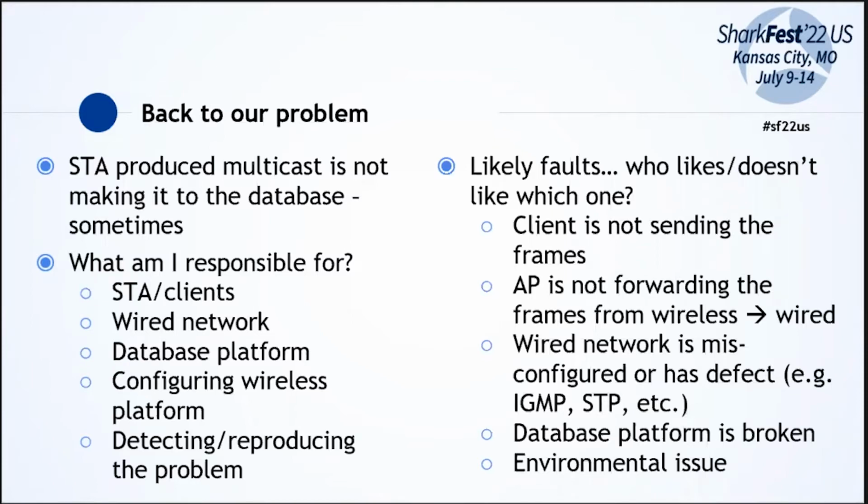So, wired network is misconfigured. That's certainly possible. I learned the hard way that there's a strong interaction between spanning tree and IGMP. And if you're moving a lot of multicast, you're going to know that pretty quick if you don't take action on that. Database platform is broken. Yeah, that was a good discussion to have with those guys. Environmental issue too. Again, I'm in my family room.